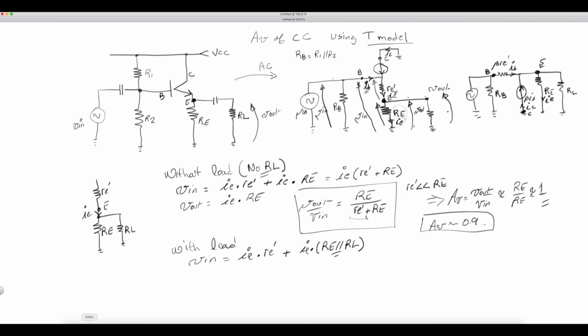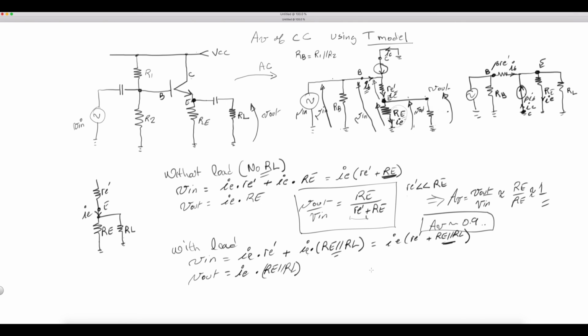So we have to consider the load. The load will have an effect. So we know this. How about V out? Well, V out is simply, again, and let me factor this out here, this little IE times RE prime plus RE in parallel with RL, right? So slight difference between this and this. And then V out, it's still IE times RE in parallel with RL.